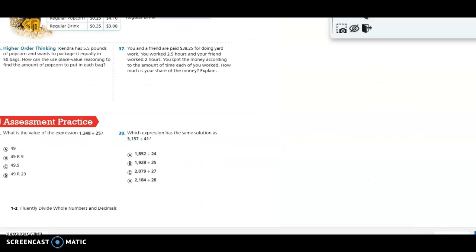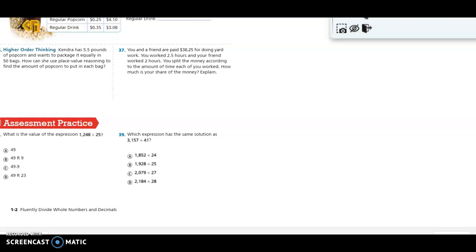All right, and the last 2 I want to go over are 38 and 39, the assessment practice. So we need to figure out the value of the expression 1,248 divided by 25. So I'm looking at how many groups of 25 are in 1,248.